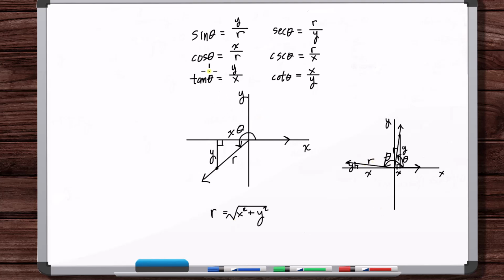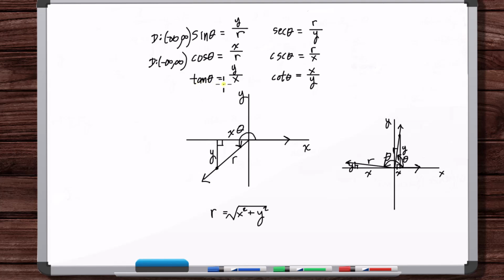And so what you can notice is that sine theta and cosine theta are divided by r. R is never 0. Okay, so what about y and x? Well, y and x could be 0, but so what? If r is never 0, then sine theta and cosine theta have no domain restrictions. The domain of sine theta and cosine theta are just negative infinity to infinity.